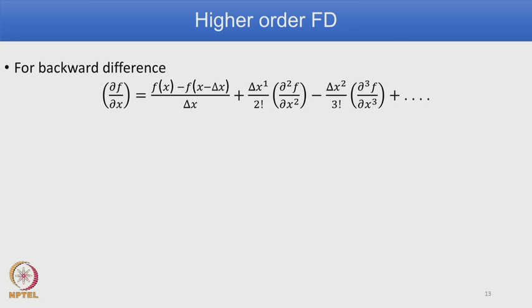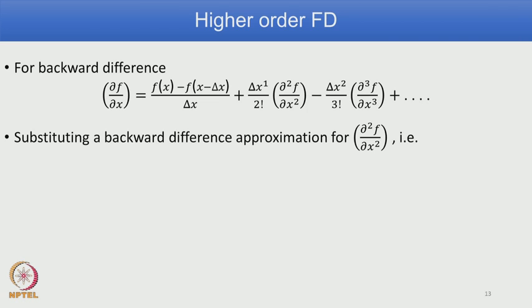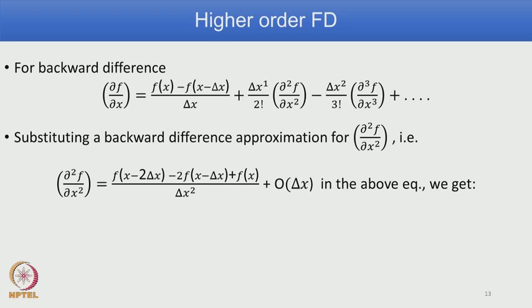This was already obtained, and we follow the same procedure, that is, for the second derivative, the next term that we have to consider, replace that second derivative term by the backward differencing formula that we obtained, shown here as f of x minus 2 delta x minus 2 f of x minus delta x plus f of x by delta x squared, and independently this is of order delta x.